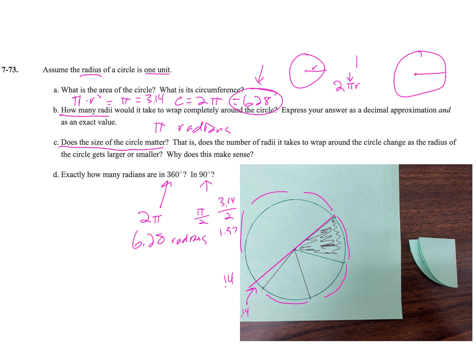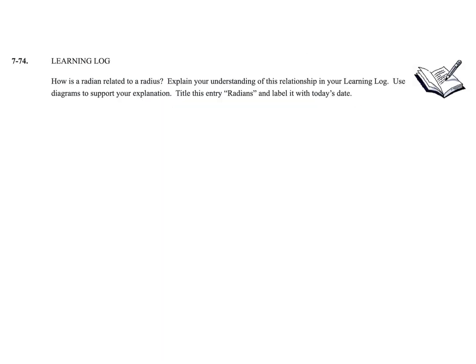Okay, so let's summarize this idea of radians in everybody's favorite, a learning log. Let's check it out. So in this one, how is a radian related to the radius? A radian is the radius, but curved on the edge of a circle.